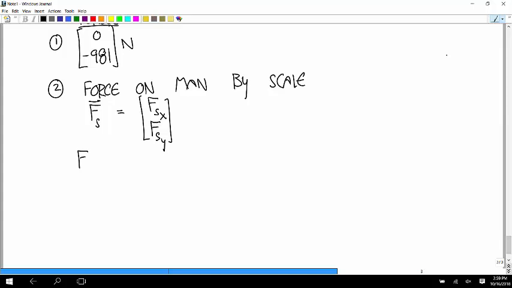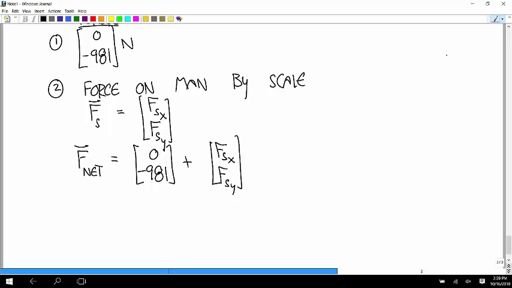So again, Fnet is equal to 0, negative 981 plus Fsx, Fsy. The mass is still 100.